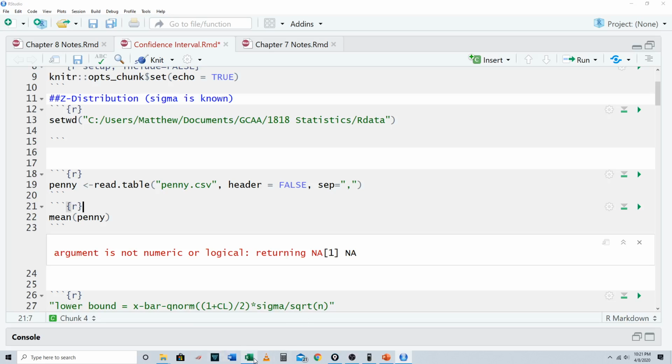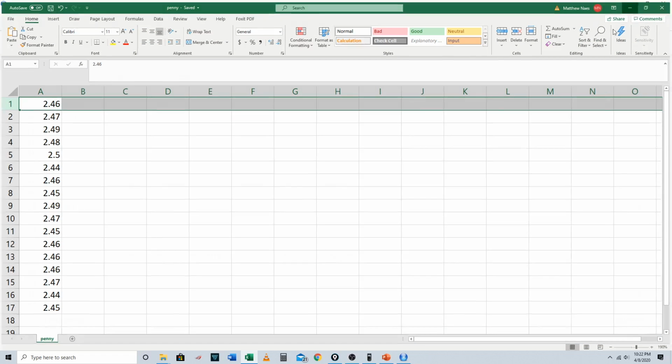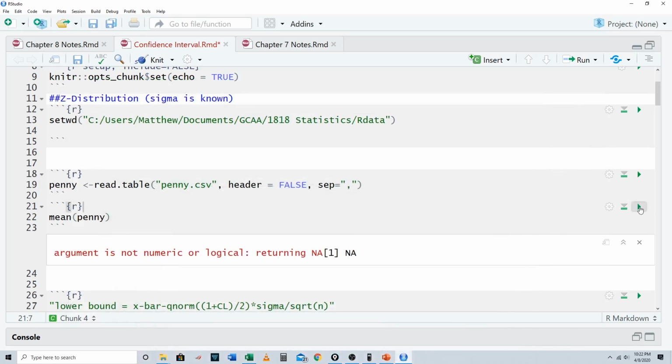Oh, I don't know if I saved it. Save. There we go. Now run it, and run it, and still not working. I'm just going to undo everything because it was working before, so I'm going to leave it as header equals true.